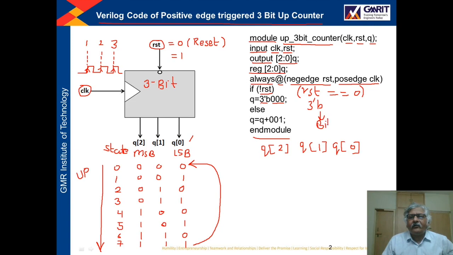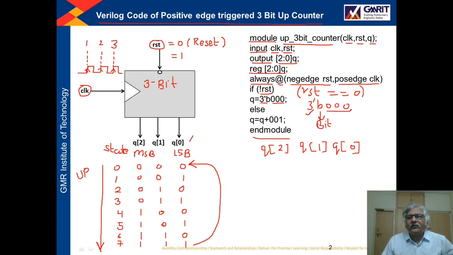And what are the values of those 3 bits? Whatever I write after b, those are the values of the 3 bits. So here 0 0 0.